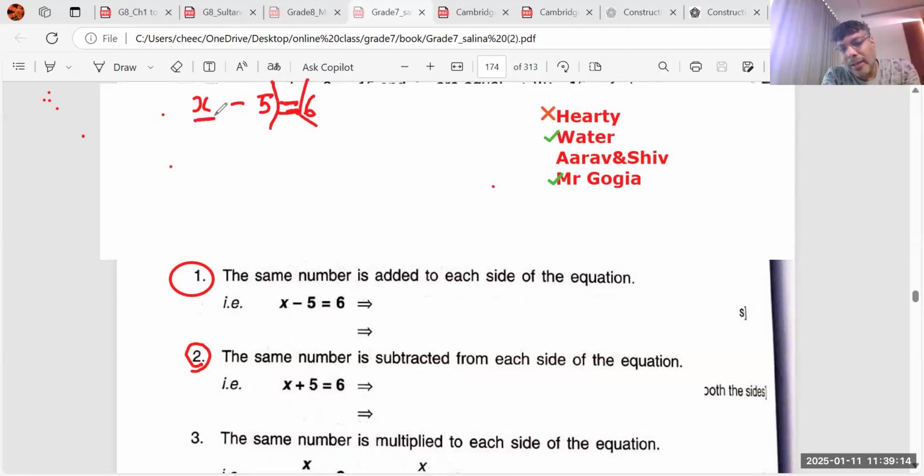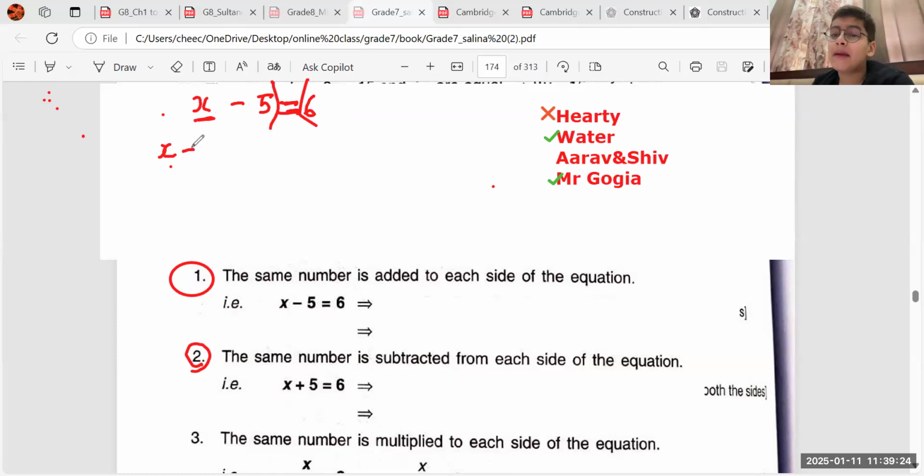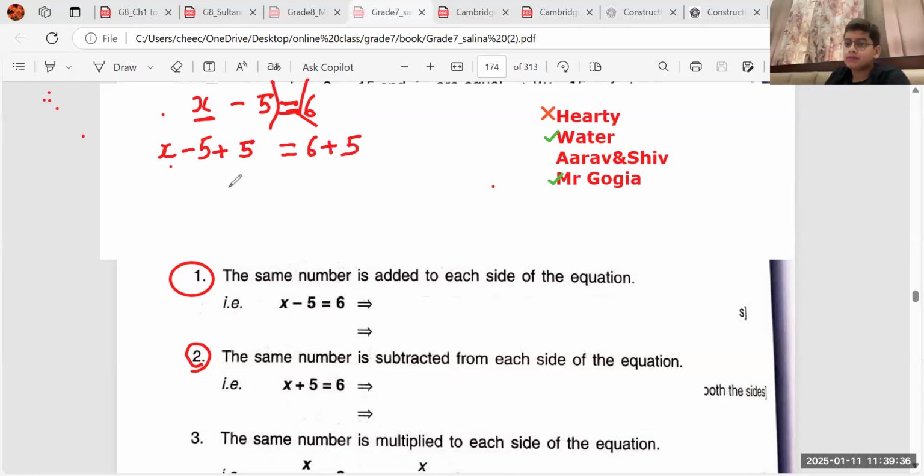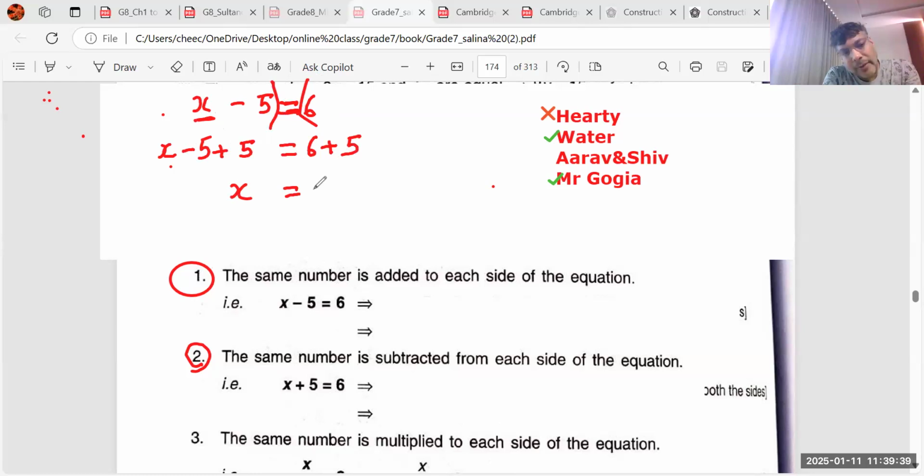Tell me, how can I make x equal? I have to make x alone, sir. I have to add 5 to minus 5 and with 6. x minus 5 plus 5, that's what I will do. And on this side also I will add 6 plus 5. So this will become x equals 11. Okay, understood? Yes, sir.